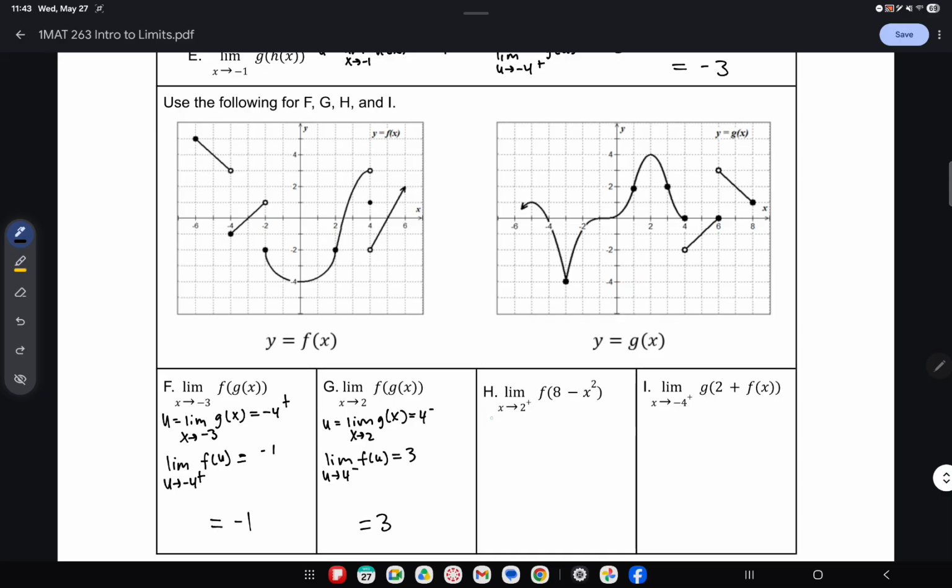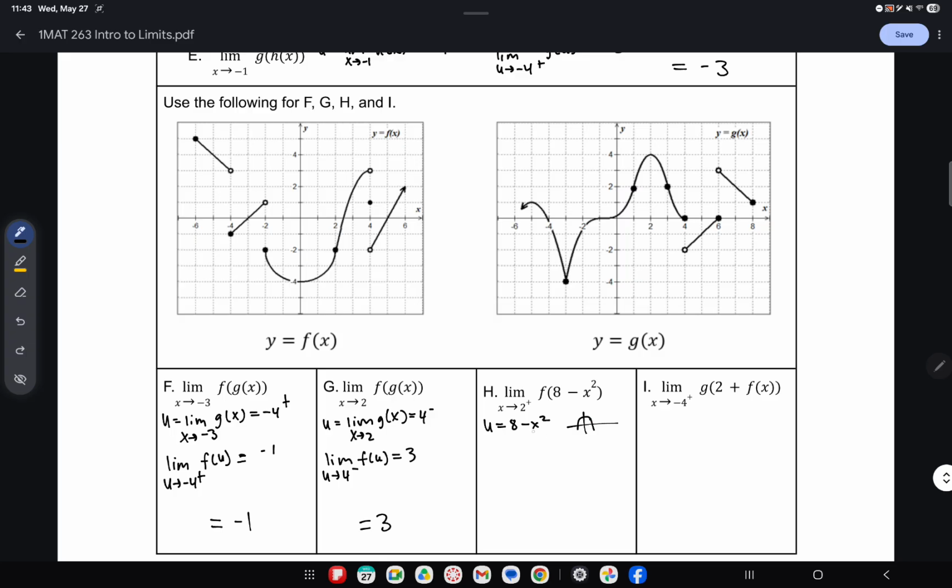All right, this one is a little bit of a different case because we could say that u is the function 8 minus x squared, right? So it's a downward facing parabola. Let's shift it up some. So we could say, all right, it's a polynomial, and as it's continuous, 2 from the right is going to be the same no matter what.